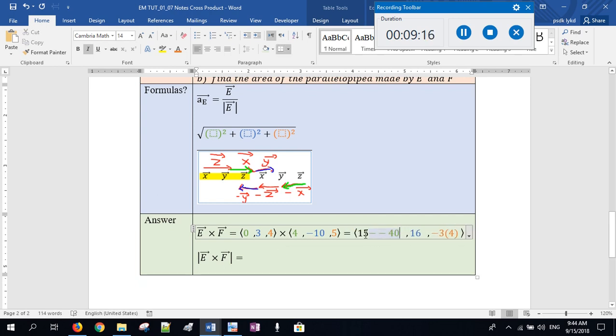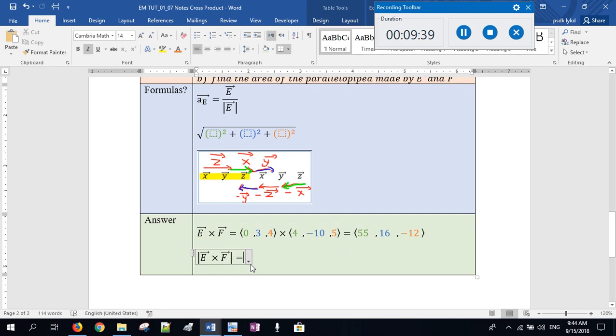So 15 minus 40 is minus 25. Minus 3 into 4 is minus 12. So this vector is perpendicular to both E and F.